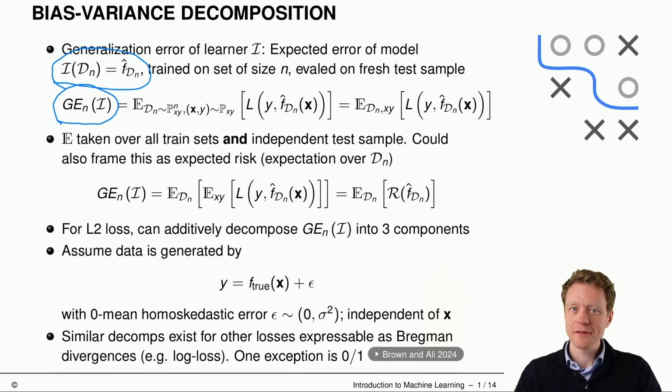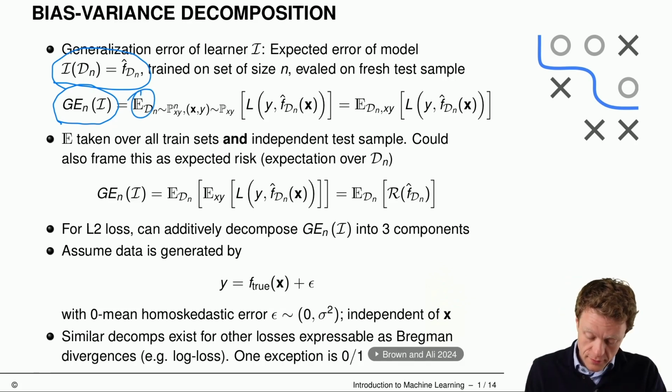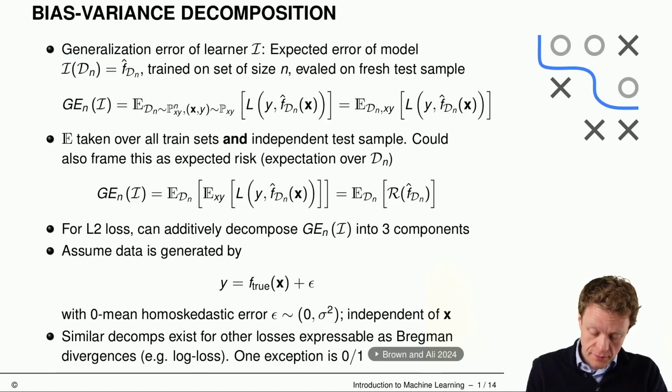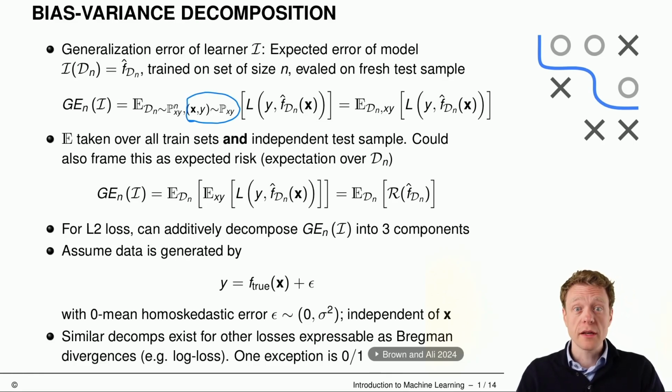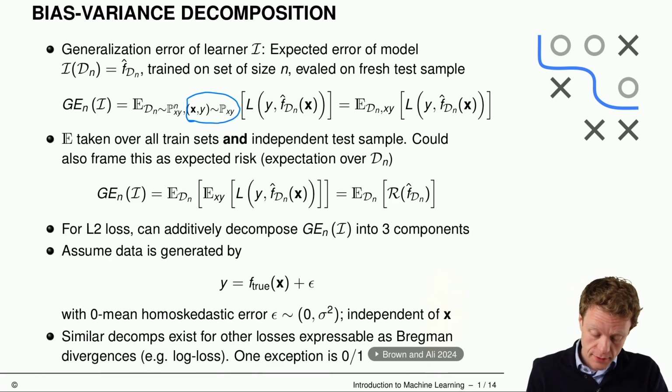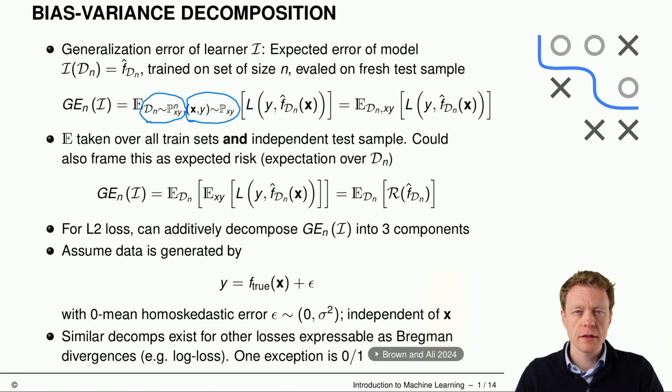The generalization error of an inducer is then basically the expected loss, so it feels like a risk. We have an expectation of a loss, but we take this expectation over a lot of things. On the one hand, we take the expectation with respect to the fresh test sample where we evaluate, so x, y, but we also take the expected value over, and that's a new part here, the training data sets that we used to learn the model.